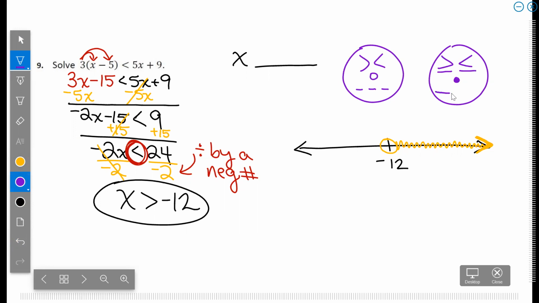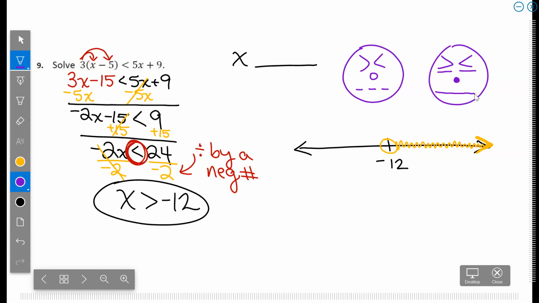If I'm graphing it on an XY axis, then I would graph that with a solid line. Since I just had the greater than, my original problem, I had a less than. When I do it on a number line, the nose on a number line is an open dot. Or if I were graphing this on an XY axis, I would choose a dashed line if I saw just a greater than or a less than.